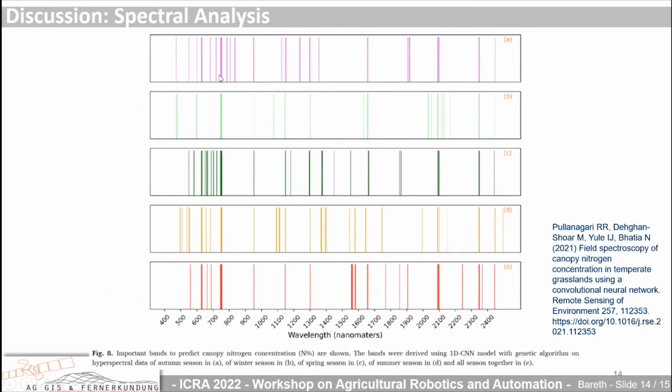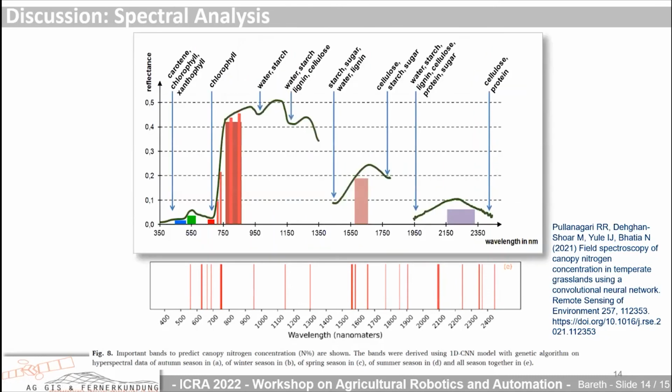Of course it changes over time, but if you sum up the overall analysis at the bottom, you see that there are additional important features for nitrogen, which are not only around 1000 nanometers.